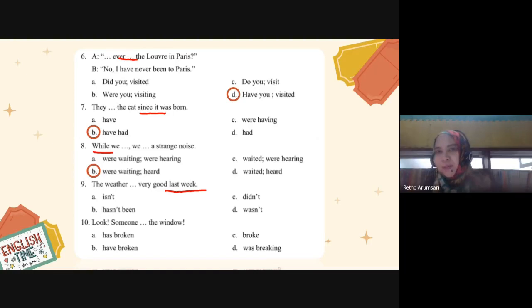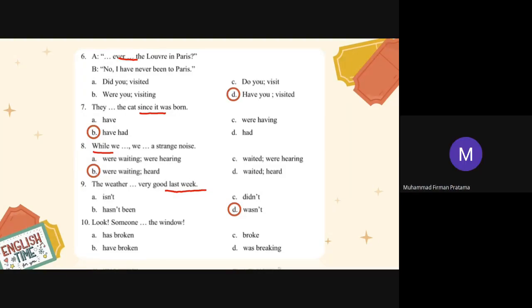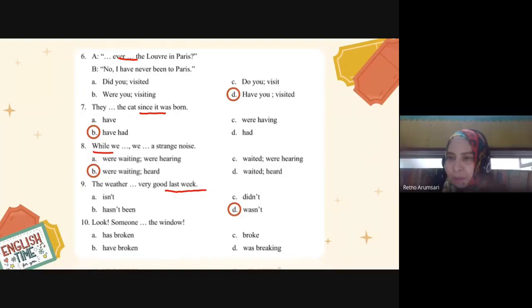No, right? It was last week. So the answer is wasn't. Okay. Now, today, the weather is good. It was only last week. Okay, Firman? Thank you, Firman. Now let's go to Rasha, Naufal, Alfaro.